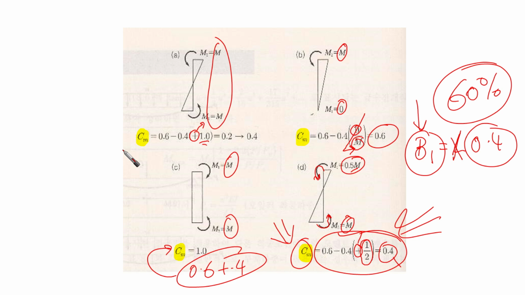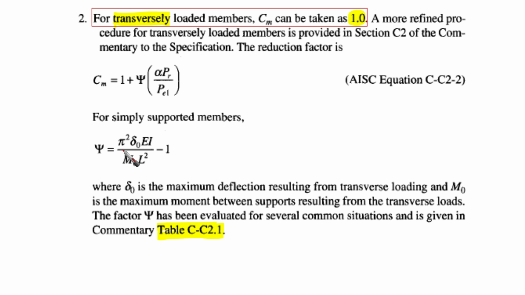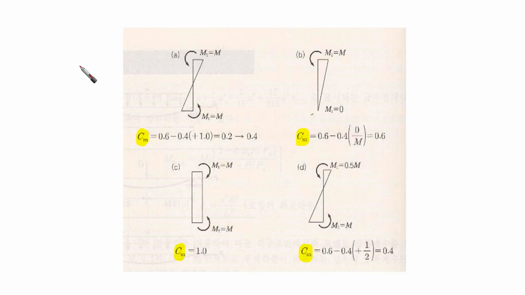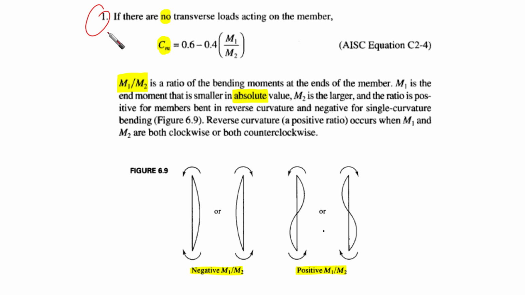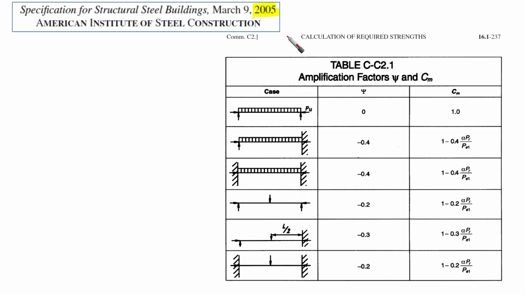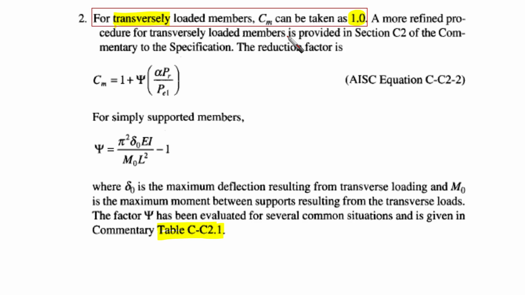Okay. Now let's go to the next case. So remember that the first case was if there is no transverse loads acting on the member. But now let's go to the case where there is transverse loading occurring in the member. If we have the member here and we have something here, or if the member is horizontal and it has a distributed load, for example, so this is a transversely loaded member. Cm can be taken as 1.